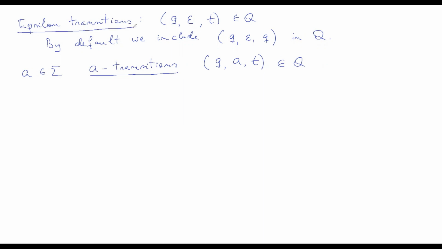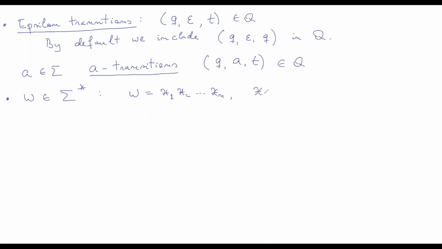And now about reading or doing computations. So I would like to define, if I take an input word W from sigma star, and W is of the form x1, x2, all the way to xn.